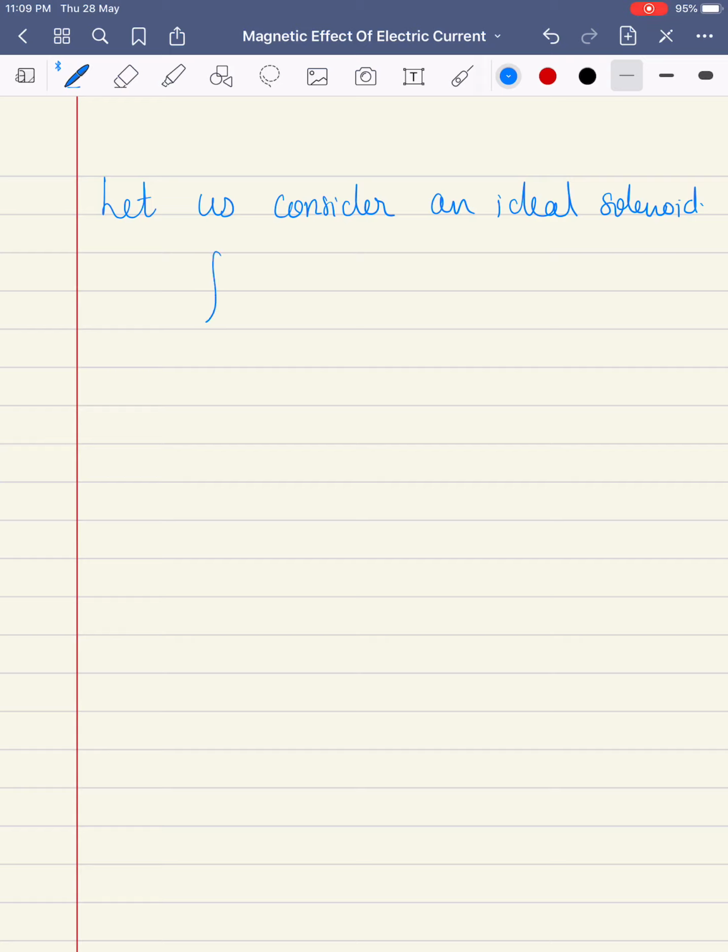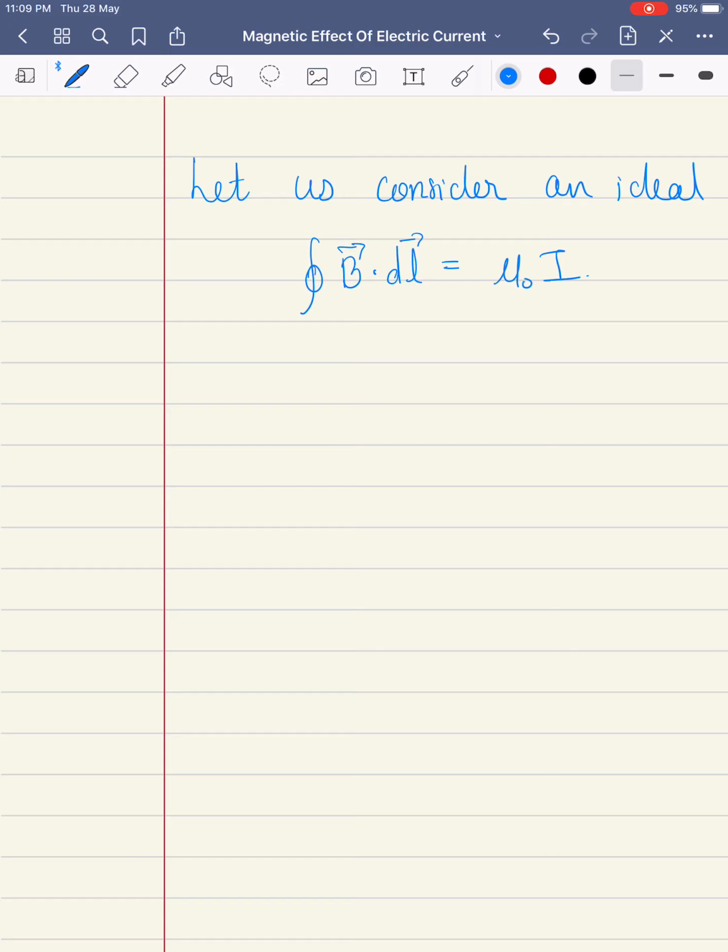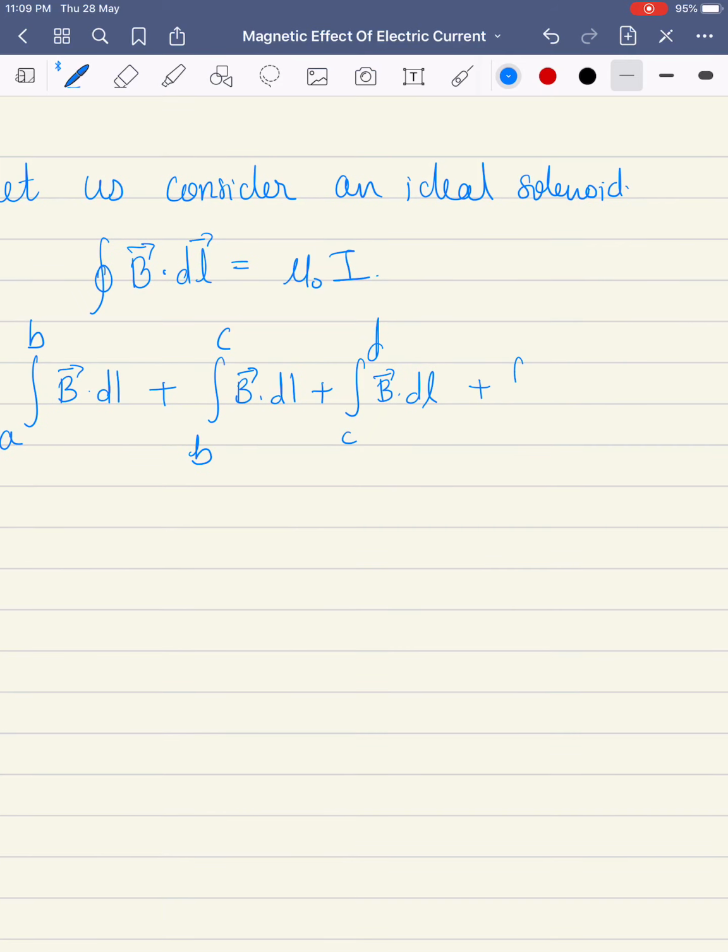Okay, so the closed integral of B vector dot dl vector is mu naught times I. So here the rectangular loop that we have considered has contributions from A to B, B vector dot dl, plus B to C, B vector dot dl, plus C to D, B vector dot dl, plus D to A, B vector dot dl, and that's equal to mu naught times the total current.